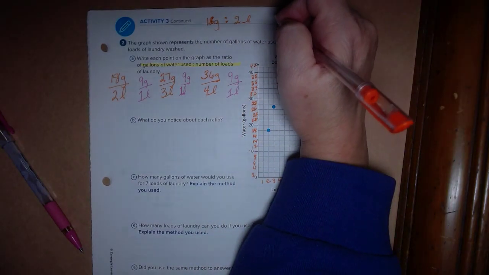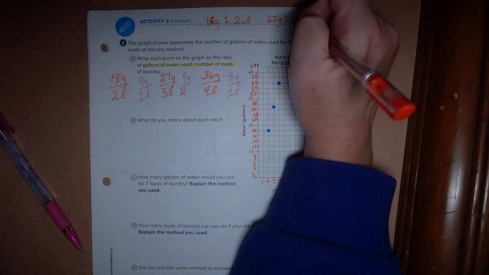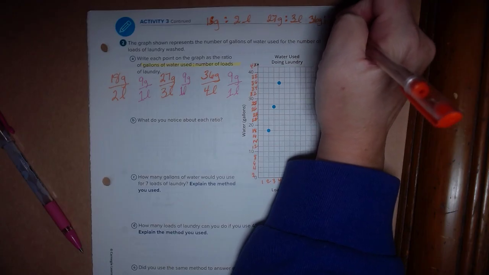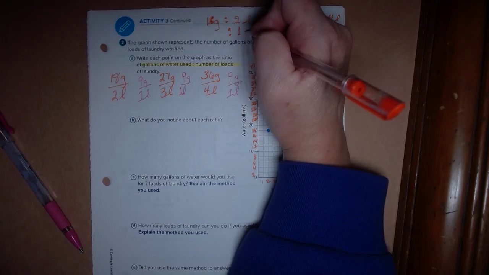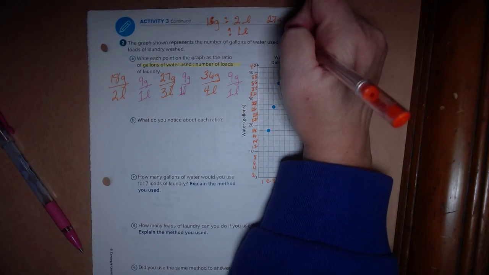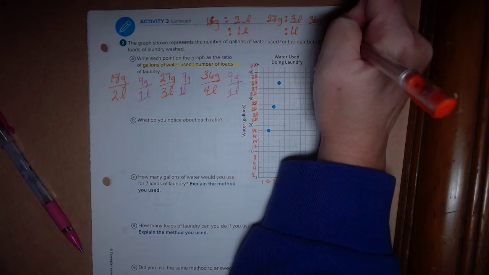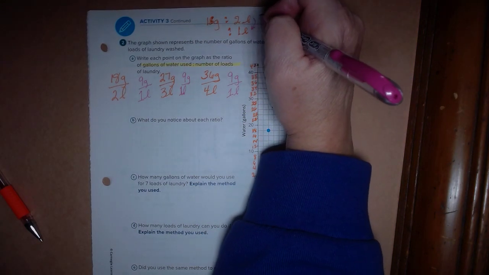We can say 27 gallons to 3 loads and 36 gallons to 4 loads. We can still show the per one load, and per one load.